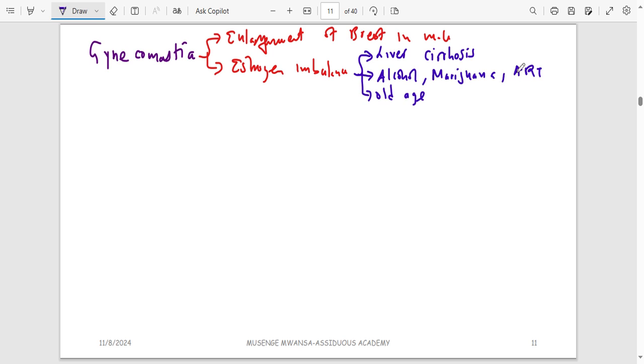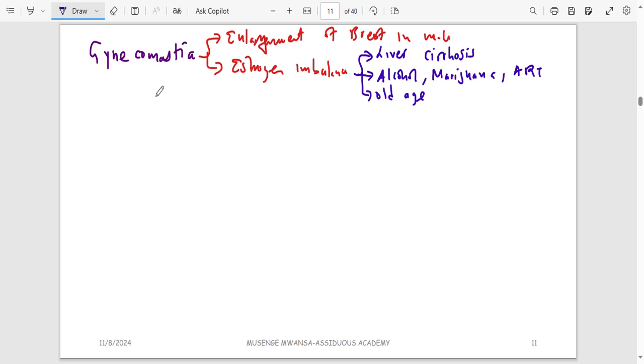So these also are factors that can lead to gynecomastia. Of course, rare, you also have conditions like Klinefelter syndrome, testicular cancer, especially let's say Leydig cell or Sertoli cell tumors. So these also can predispose to having gynecomastia.